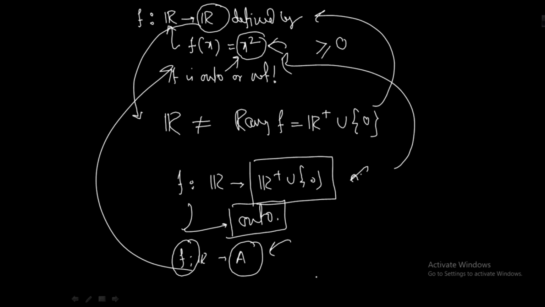Is that clear? Perfect. Now tell me, any function f is defined from R to R by f(x) is equal to x square plus 4x plus 3.